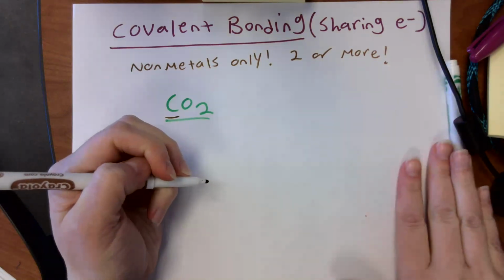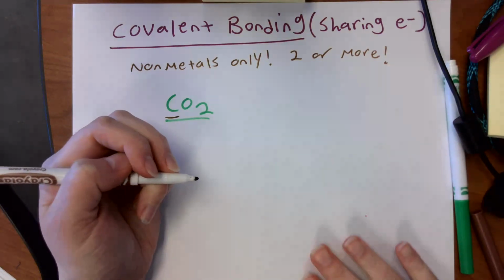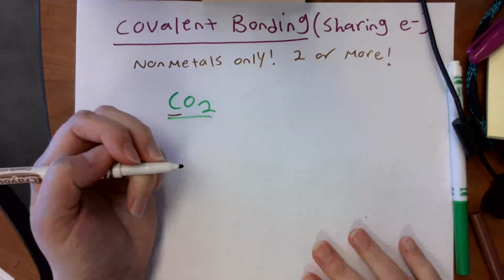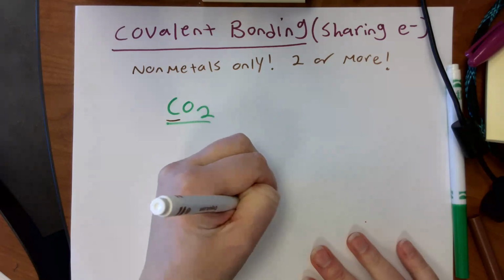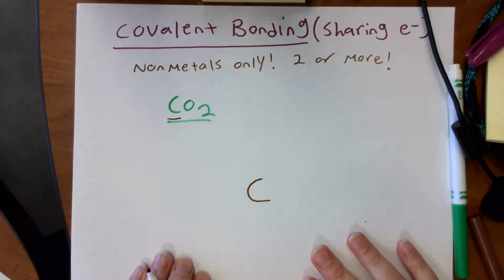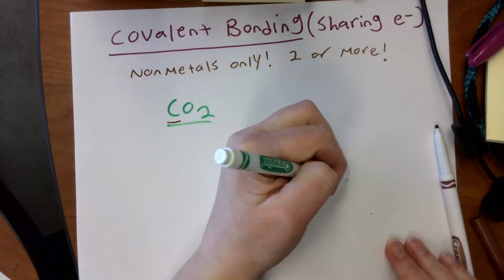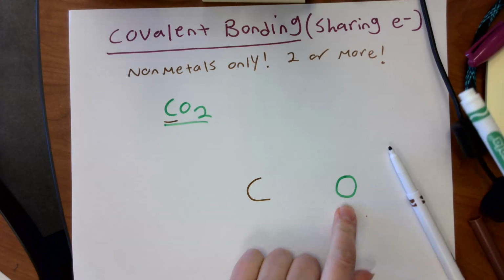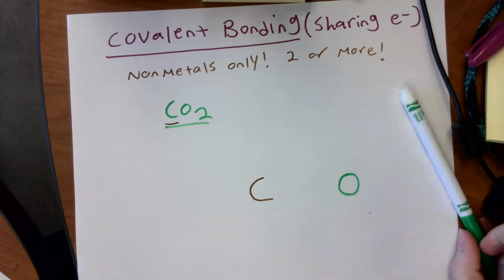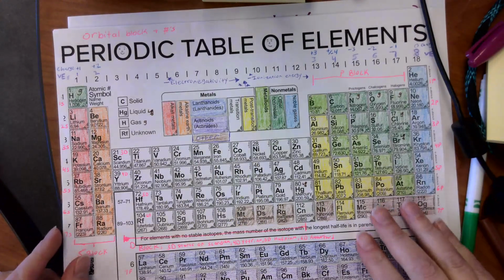So we're going to go back and we're going to look at using our Lewis dot structures again to make this easy on ourselves. Okay, so write down your symbol for carbon and then write down your symbol for oxygen. I'm going to start with one oxygen for now. Remember, Lewis dot structures is our valence electron.